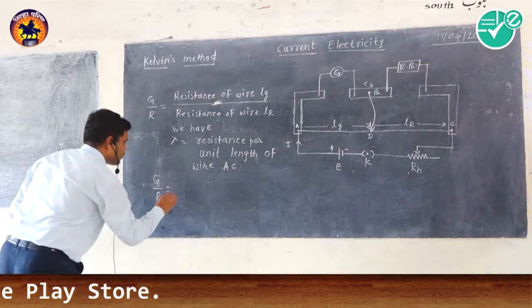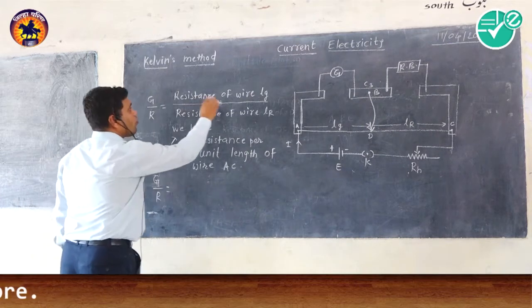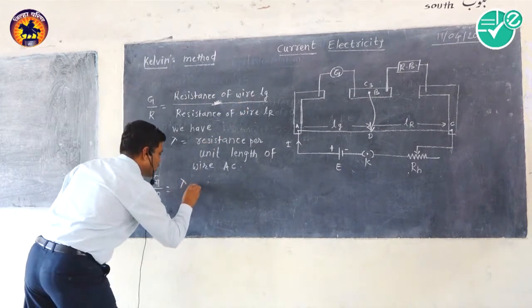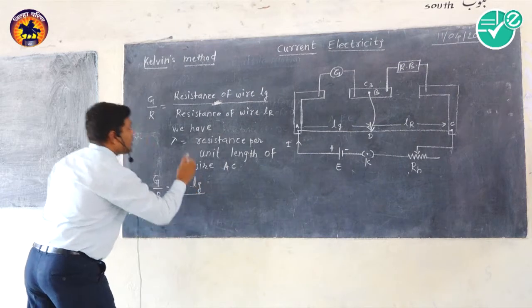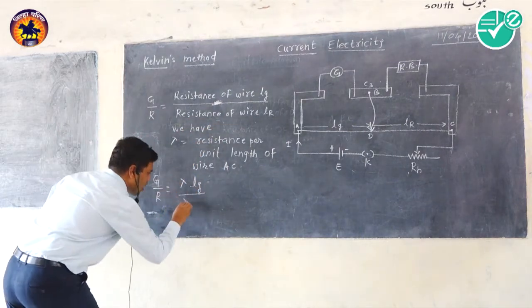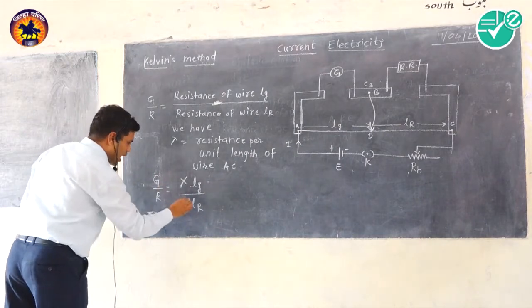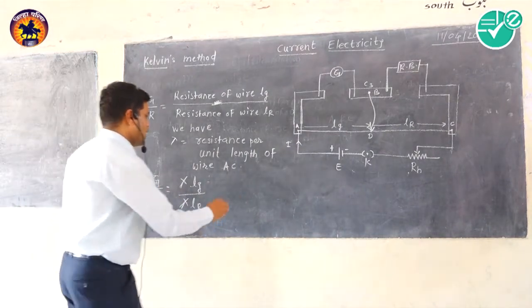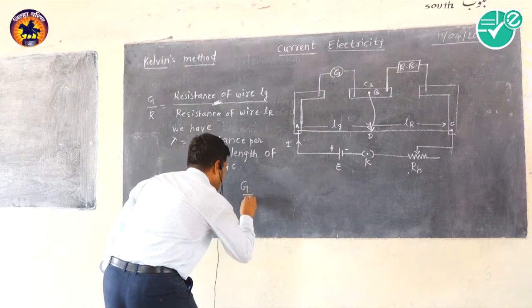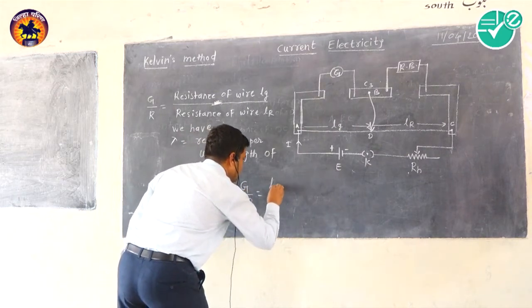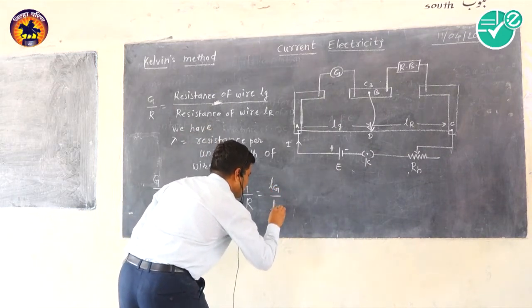Therefore G by R is equal to the resistance of wire LG, which is lambda into LG, and the resistance of wire LR is lambda into LR. So here lambda will get cancelled, and G by R is equal to LG divided by LR.